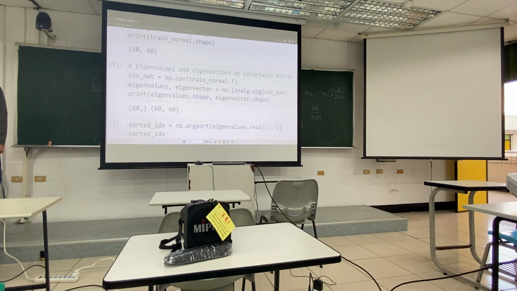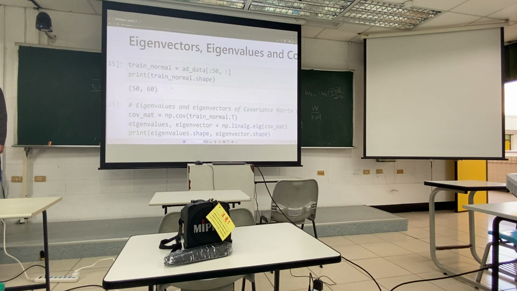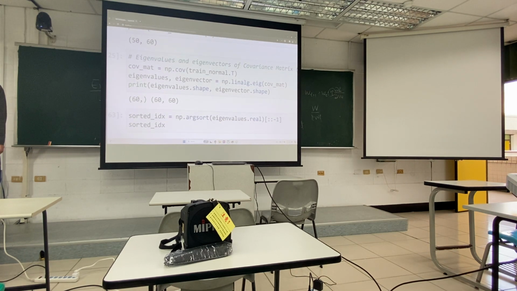Now you need to calculate the eigenvalues and eigenvectors. That's from the covariance matrix, because that's PCA, basically. So we calculate the covariance matrix by using NumPy, use cov, and then input the data. And then we can calculate the eigenvalues and eigenvectors by using, again, NumPy linalg.eig on the covariance matrix.